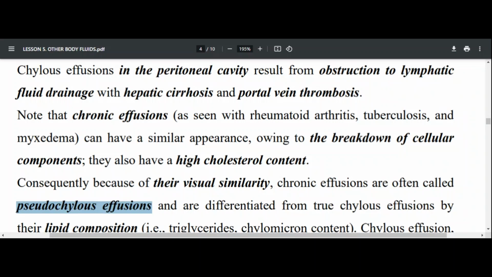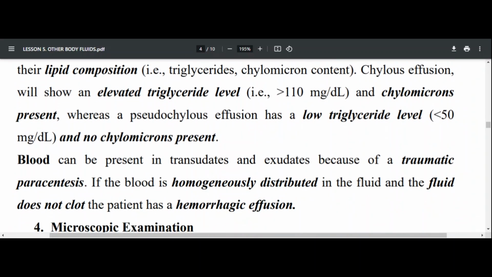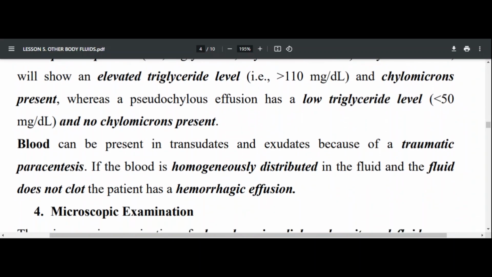But here, there's nothing like that. What happened is only the formation of fluid because of chronic inflammatory processes. So that is not really a chylous fluid, but a pseudochylous fluid. Pseudochylous fluid does not contain chylomicrons, and it contains very low triglyceride levels.